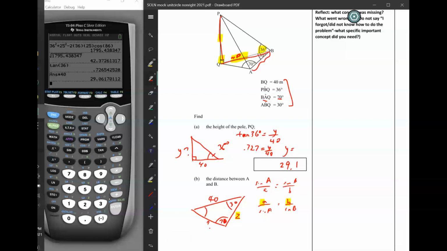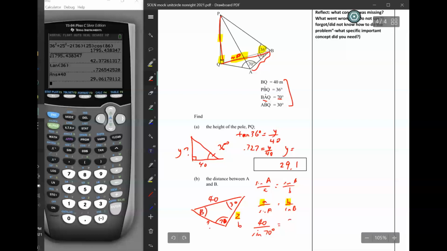Okay, so let's rewrite it. We're going to put, first of all, 40 and 70 degrees in for small a and big A. So that would be 40 on top and sine of 70 degrees on bottom. And then small b and big B, we're going to fill that in here. Small b would be our z value, and big B would be this angle.